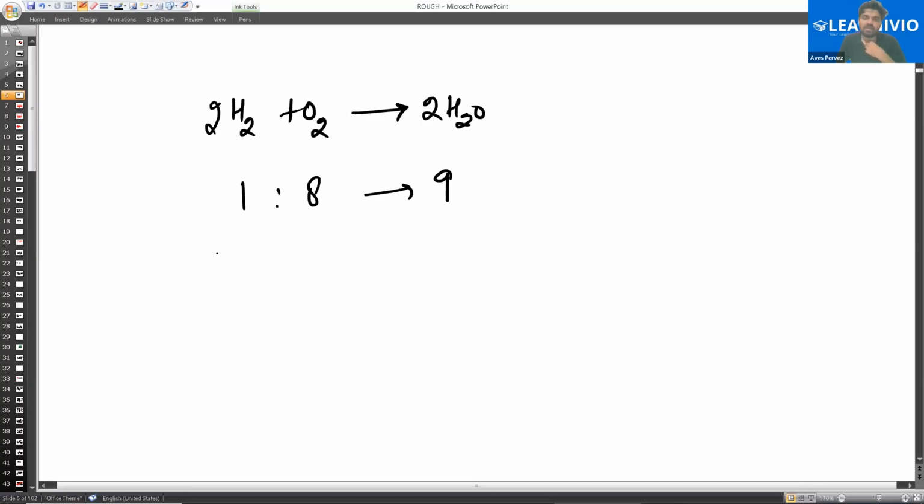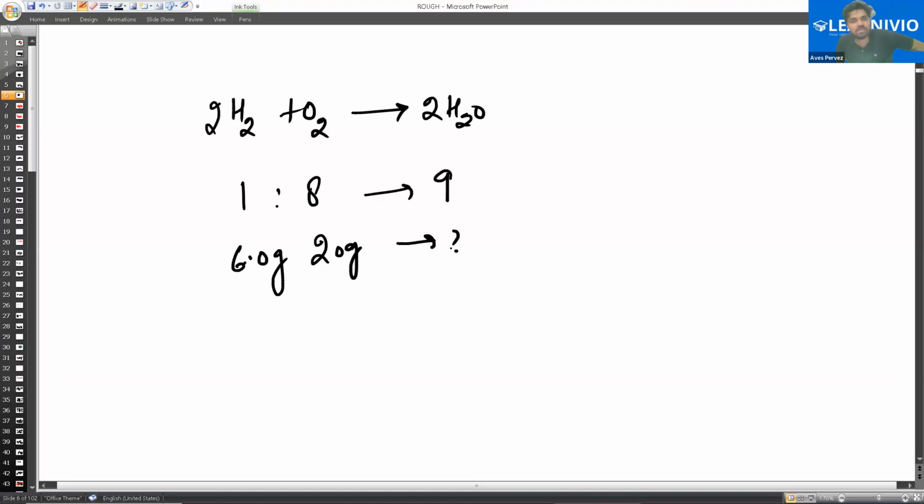If you have 6 grams of hydrogen and 20 grams of oxygen, then how many grams of water will be formed?